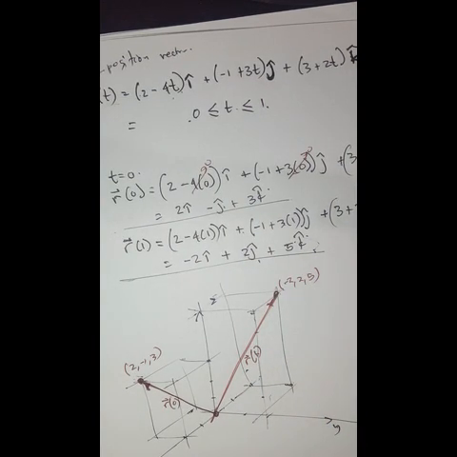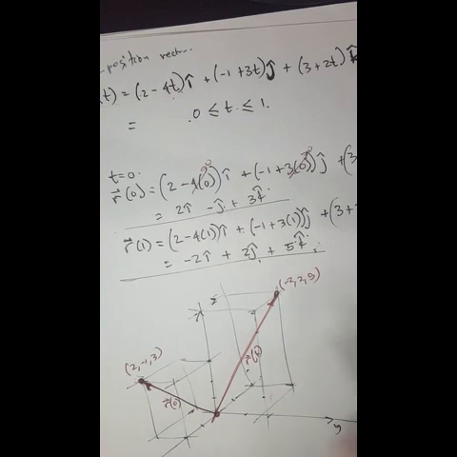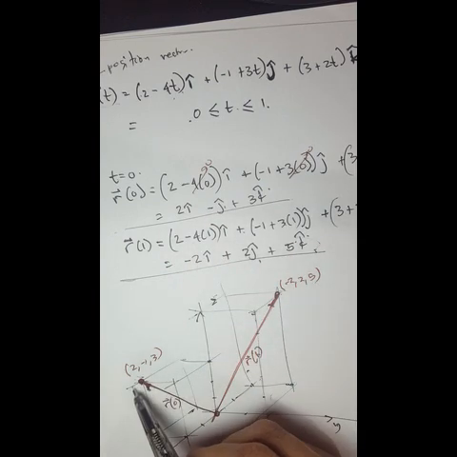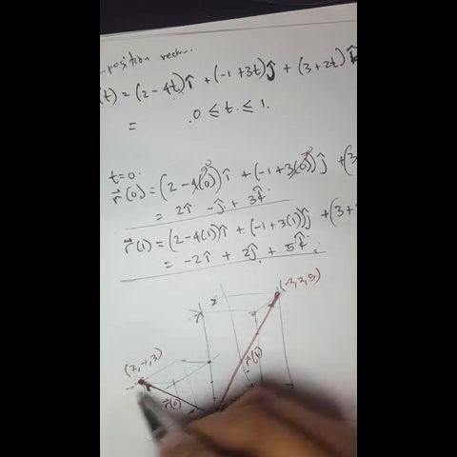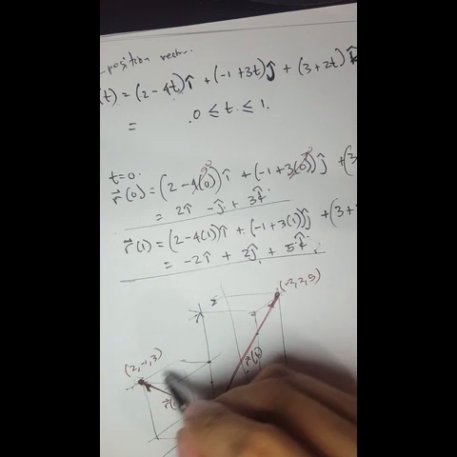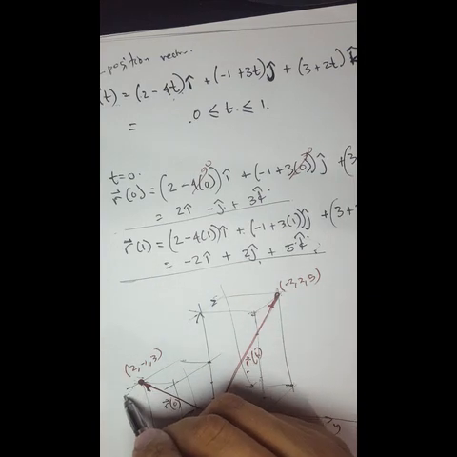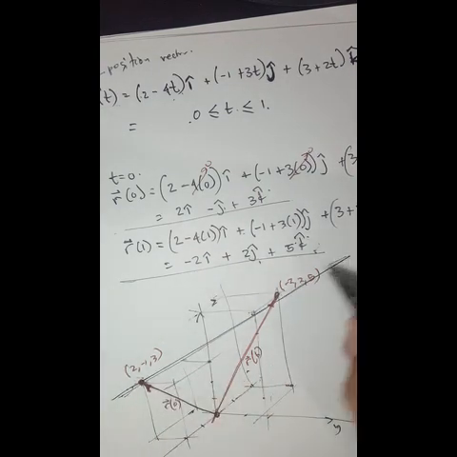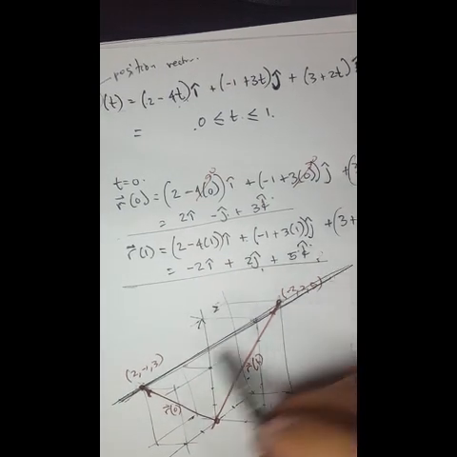So basically what we're doing here with the parametric form, or the vector valued functions, is that we can trace the position of this point. In this case we have something like a straight line, because this is a linear function.